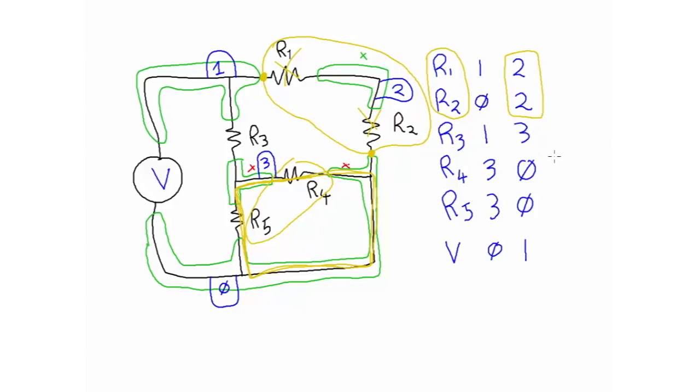And the rule for parallel is that if the same pair of node numbers occur on two different branches, they must be in parallel. And I observe that I've got a 3 and a 0 there, and I have a 3 and a 0 there, and therefore these two components, R4 and R5, must be in parallel, and lo and behold, that is exactly the result that I got before.